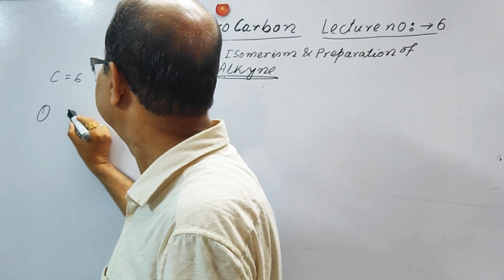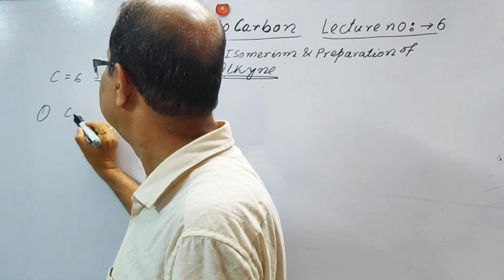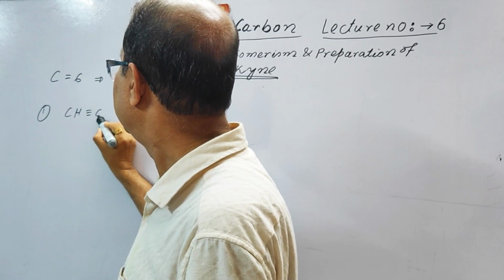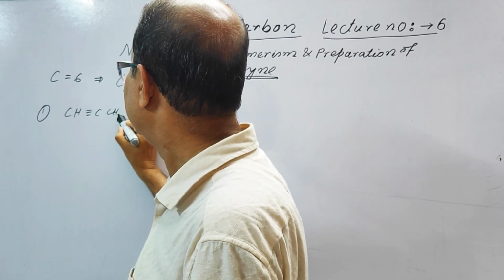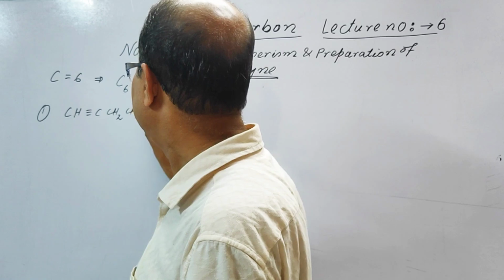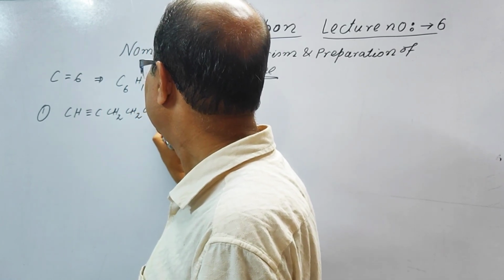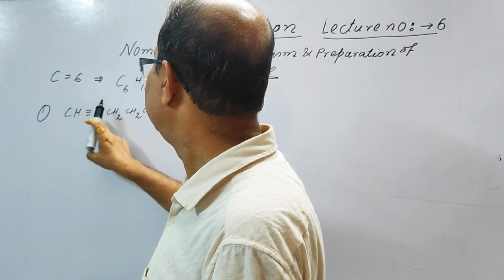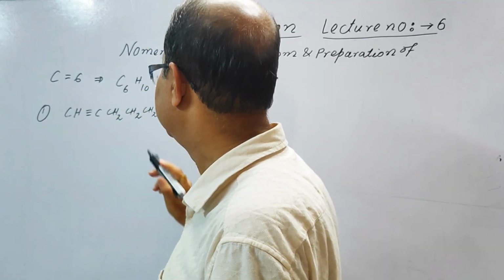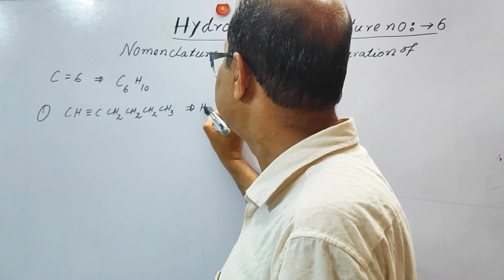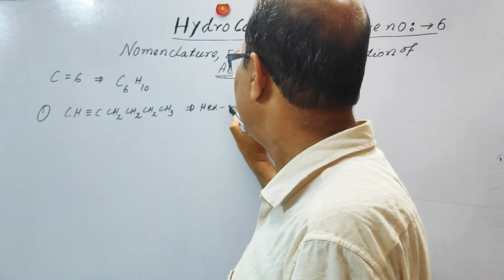First structure: C, one, 2, 3, 4, 5, 6. So the name of this is hex-1-yne.